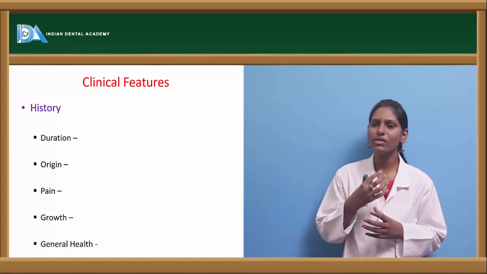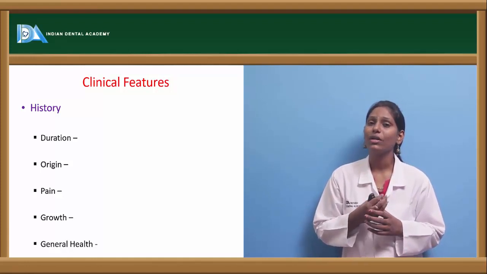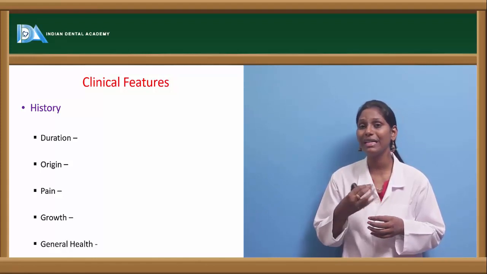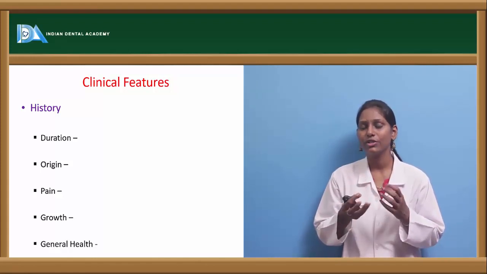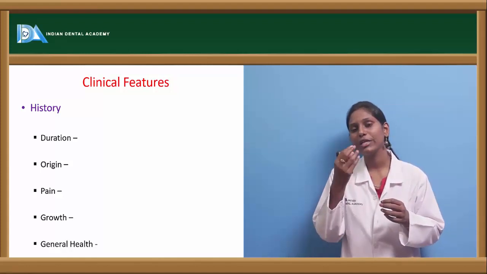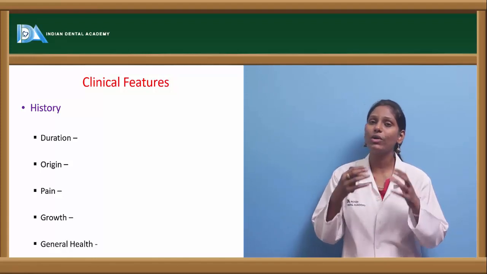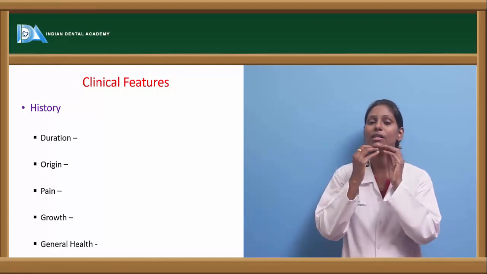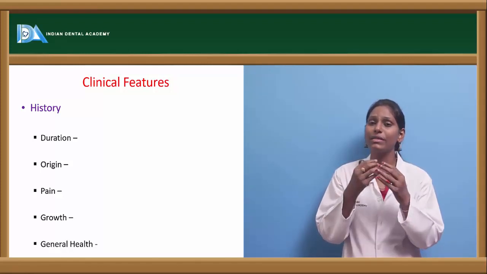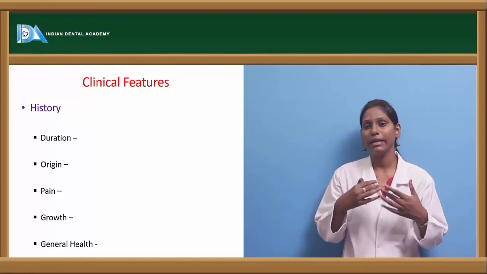When we ask about growth, the patient usually gives a history that before, during and after eating, this cyst grows in size and later comes back to its normal size. This is because when we are eating, more salivation occurs, and the excess saliva coming out through the ducts makes the swelling grow, and it comes down to its normal size a little later.